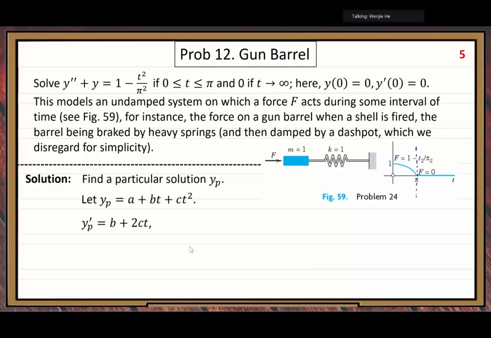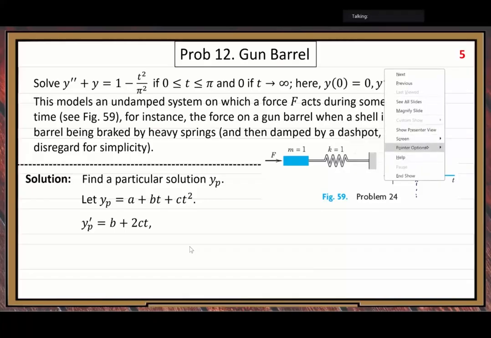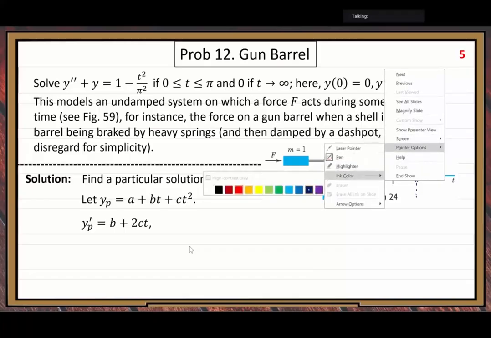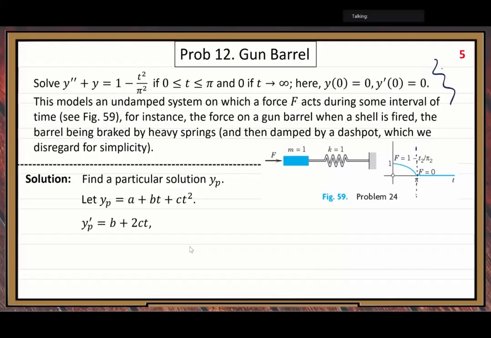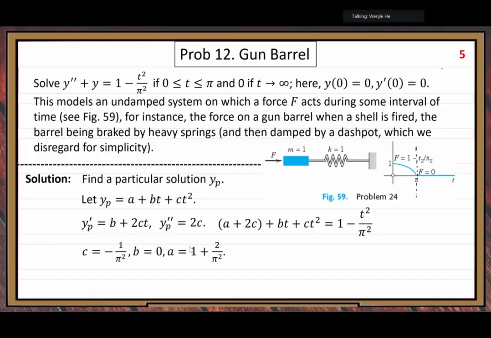Here I need to change my pen color. Just a simple calculation: set up the equations, then compare corresponding coefficients. For this case, B happened to be 0.